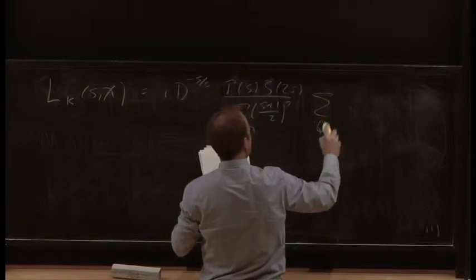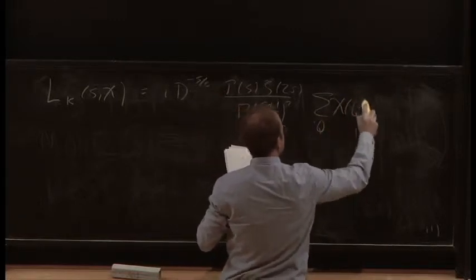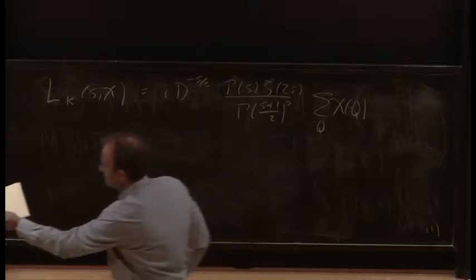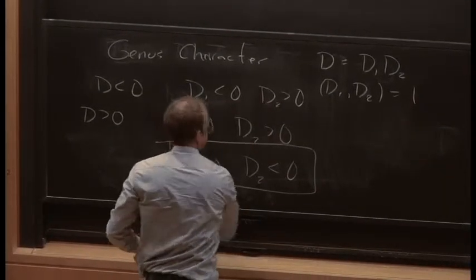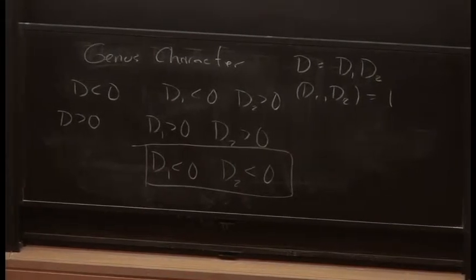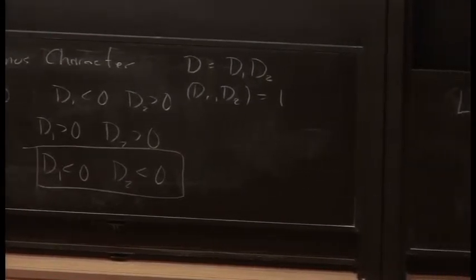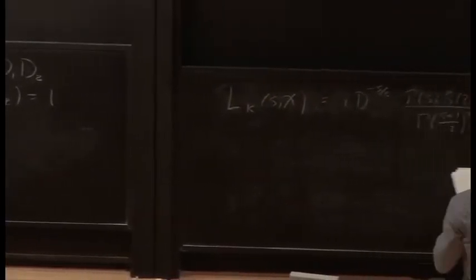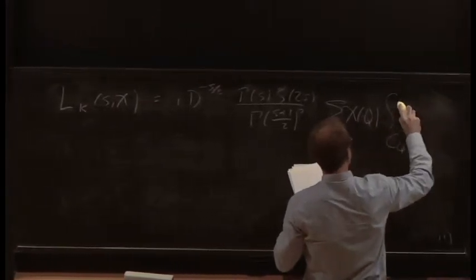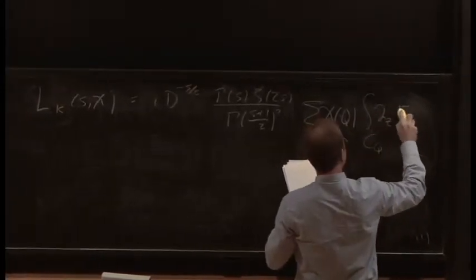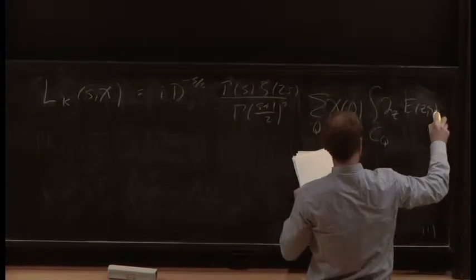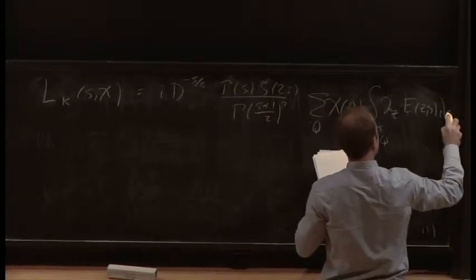Now we're summing over with this kind of genus character, so we're in this situation here. But now you take the derivative of the Eisenstein series, which is weight 2. You take the z derivative.